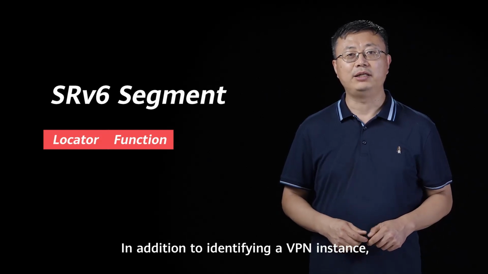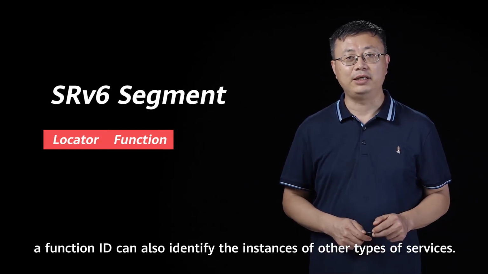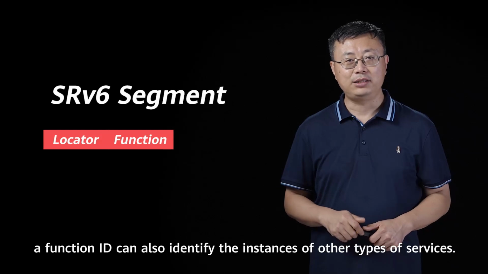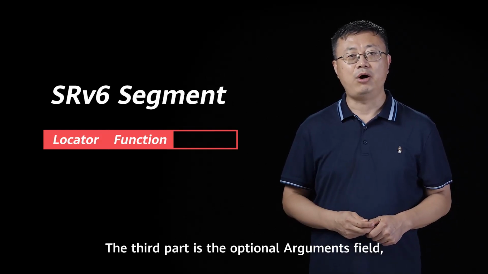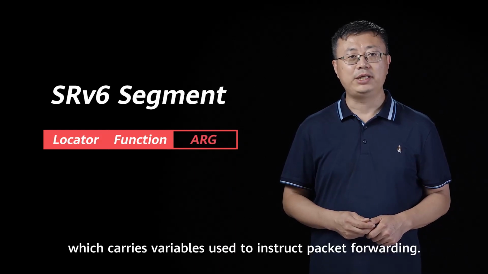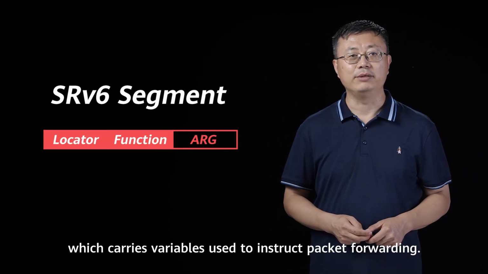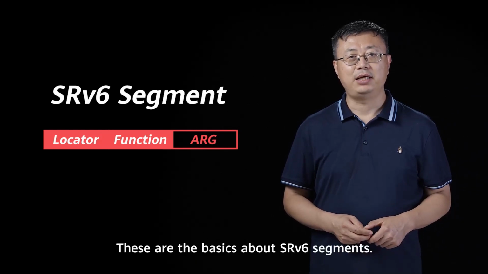In addition to identifying a VPN instance, a function ID can also identify the instance of other types of services. The third part is the optional arguments field, which carries variables used to instruct packet forwarding. These are the basics about SRv6 segments.